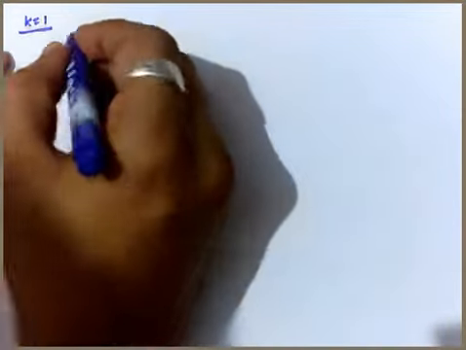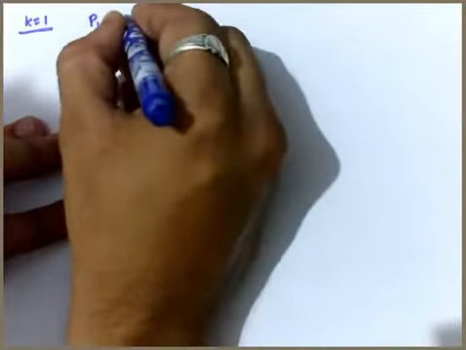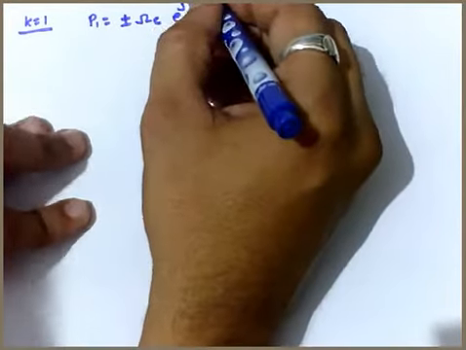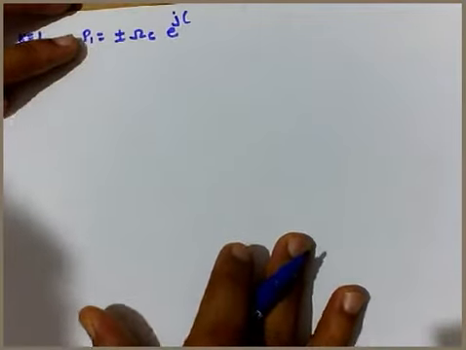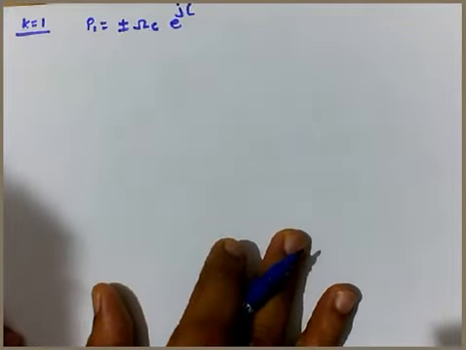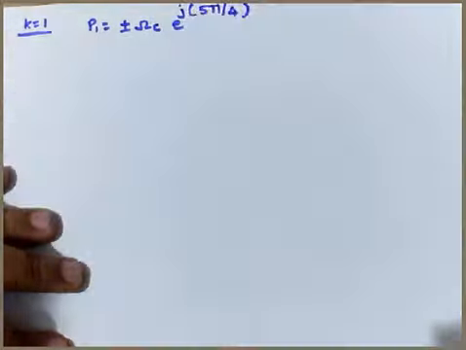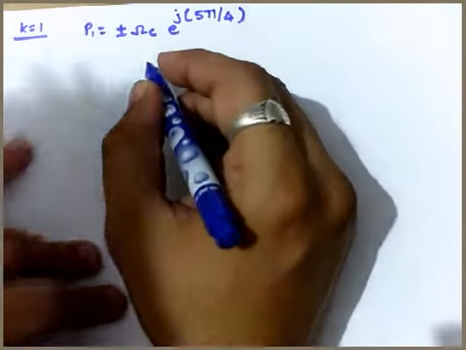So for K equal to 1, P1 equals plus or minus Ω_C e raised to j, 2K plus n plus 1, where n is 2, which is already given in the statement. So overall it will become 5 pi by 4, because pi by 2n will be multiplied by 2k plus n plus 1. So this is how it will be for the P1.